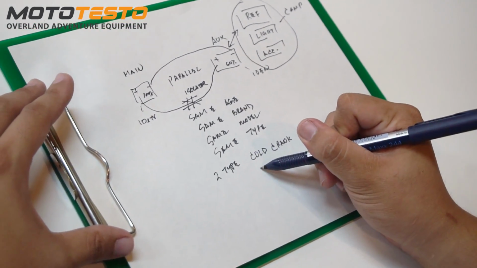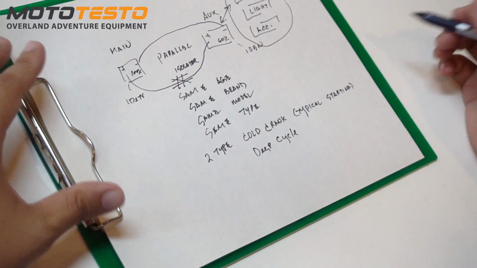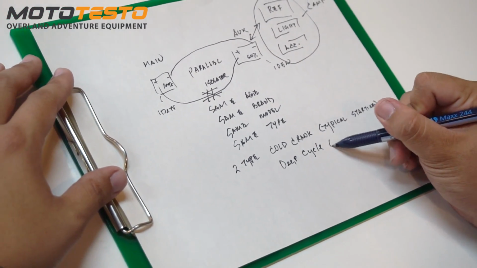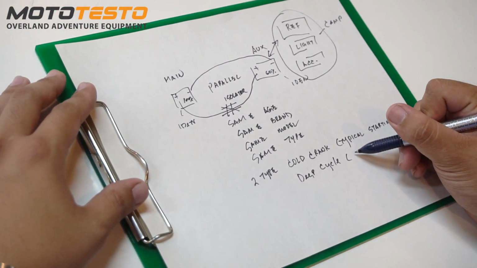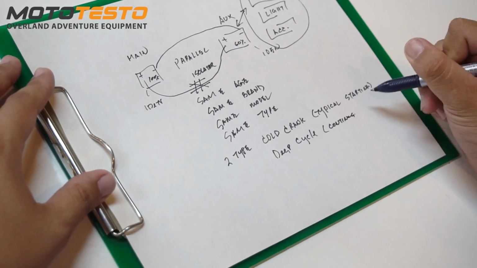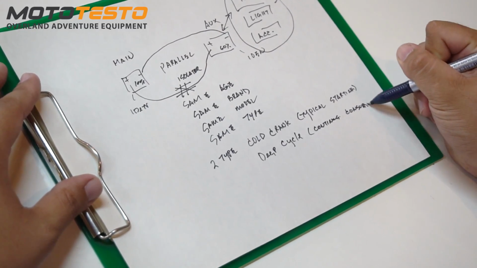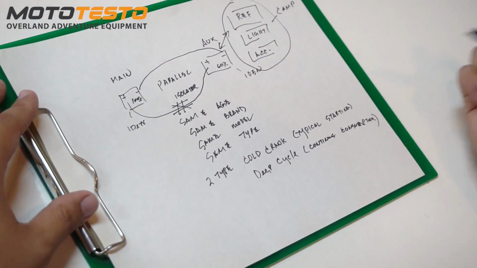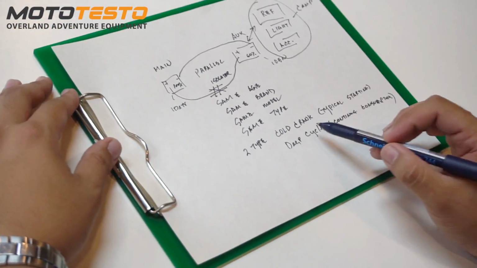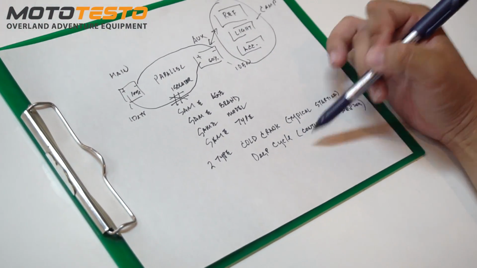Okay, and then second is deep cycle. Deep cycle is continuous consumption. Okay. Etong dalawang battery has two different purpose. Diba? Okay. These two battery.